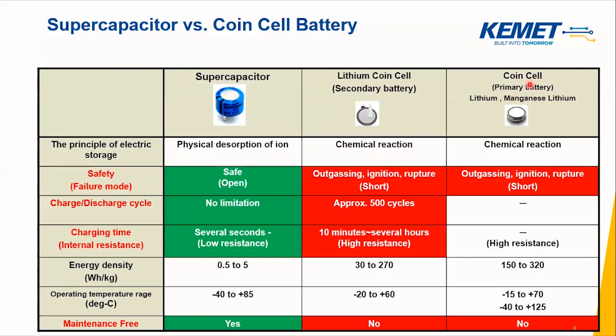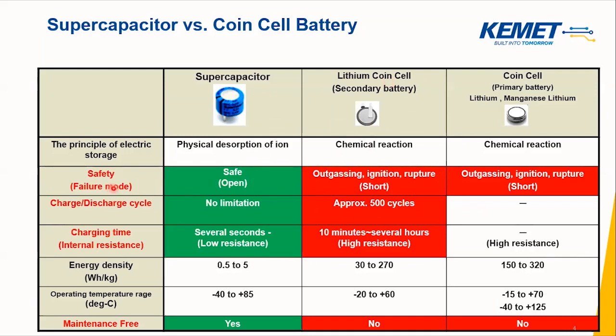Primary batteries are those that can be used only once, and then you cannot recharge them. But secondary batteries are those that you can charge and recharge several times, not only once. So mostly it's a comparison of these two.